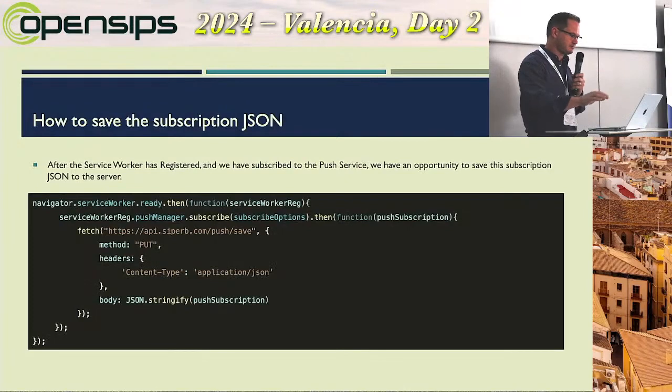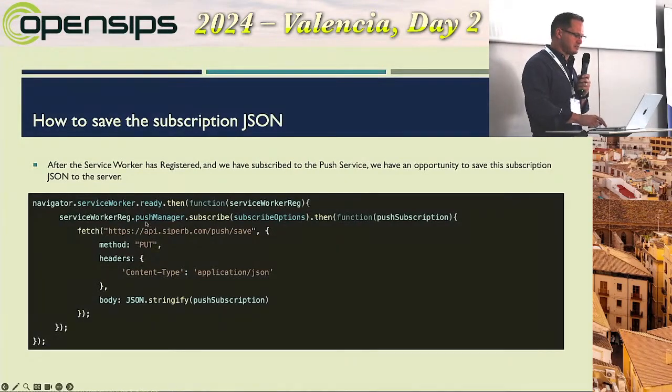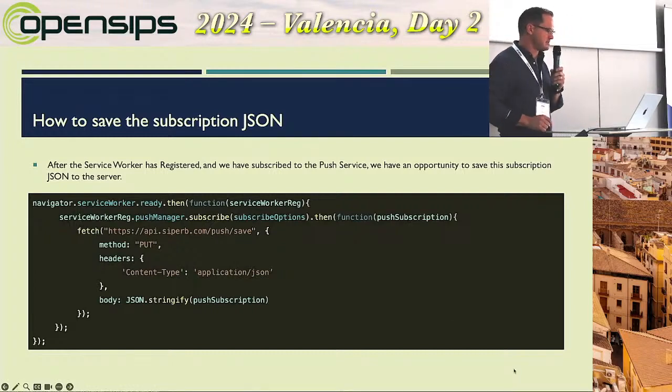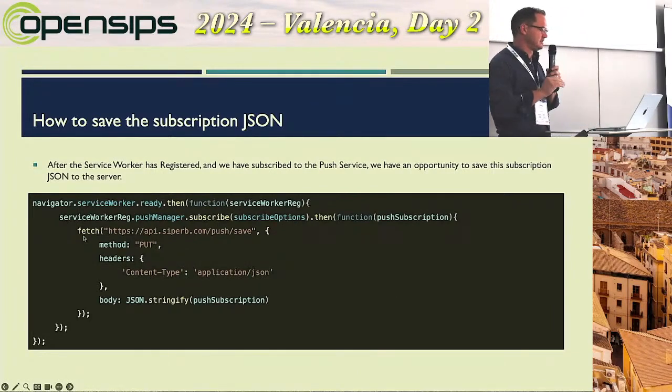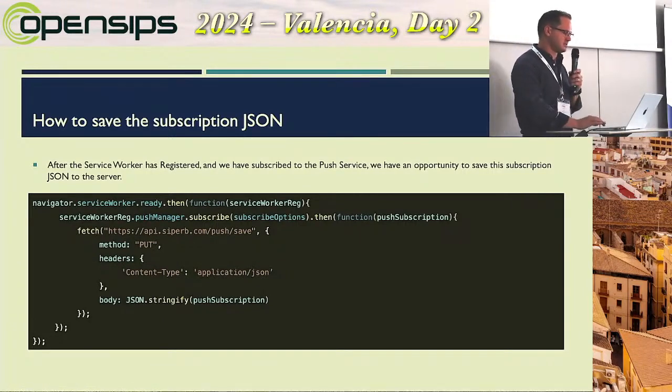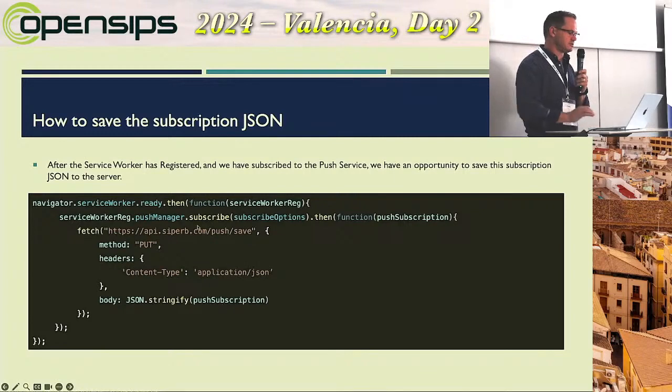Okay, so I'm going back to that little bit of code that I showed you earlier on, and at the serviceWorker pushManager.subscribe point, instead of just logging it out, I've chosen to add a fetch command, and the fetch will, in this case, put my subscription JSON onto my API.